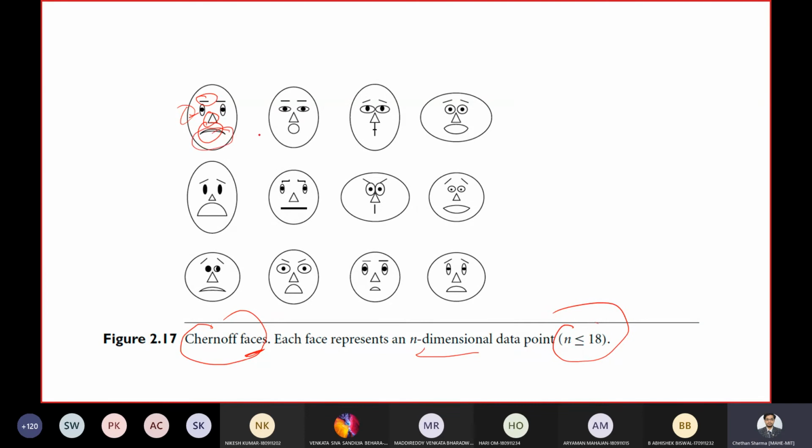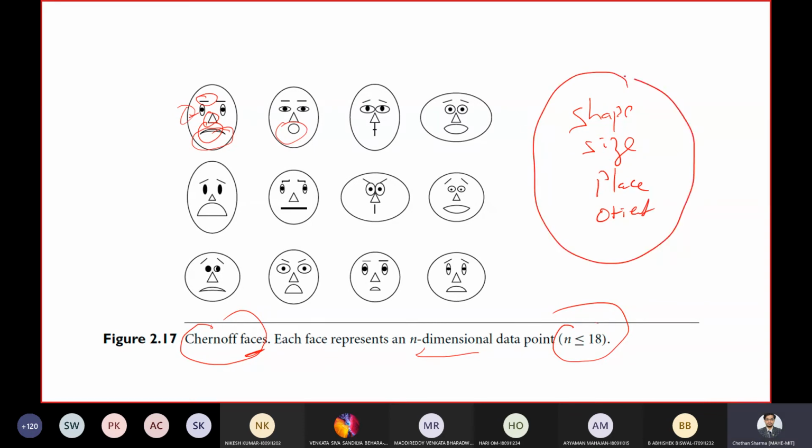See here, the shape of the mouth is different. So it represents values of the dimensions with respect to the shape, the size of each component, the placement, where it is placed in the face, and its orientation. Basically shape, size, placement, and orientation. Based on these four, it represents the values of the dimension.